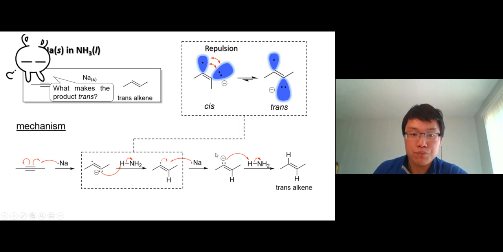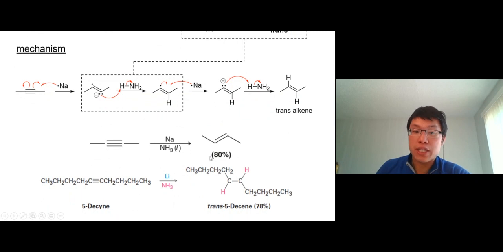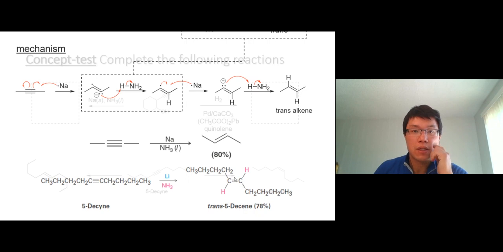The yield is pretty good, about 80%. So with sodium in liquid ammonia, you get about 80% trans, 5-decyne to trans-5-decene, about 78% yield. You get trans right there.